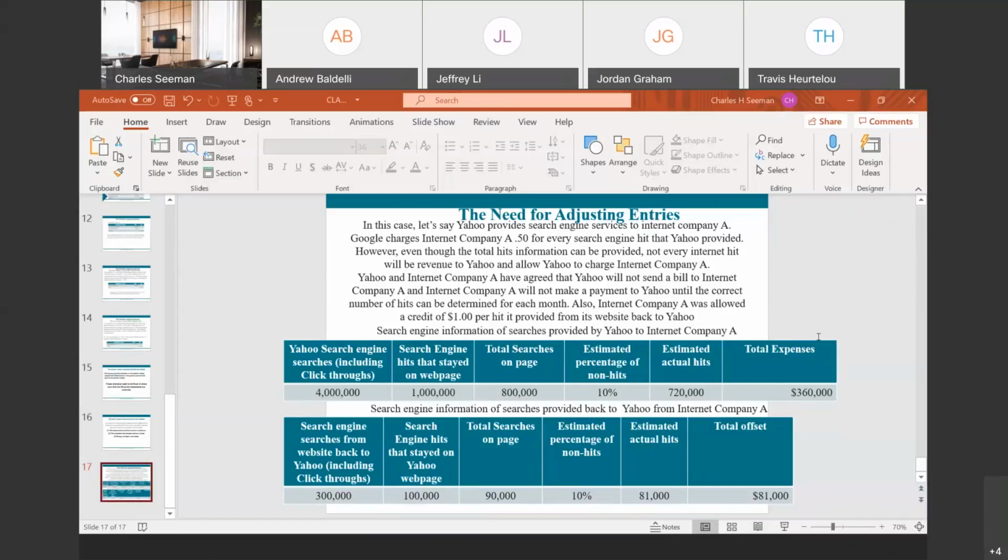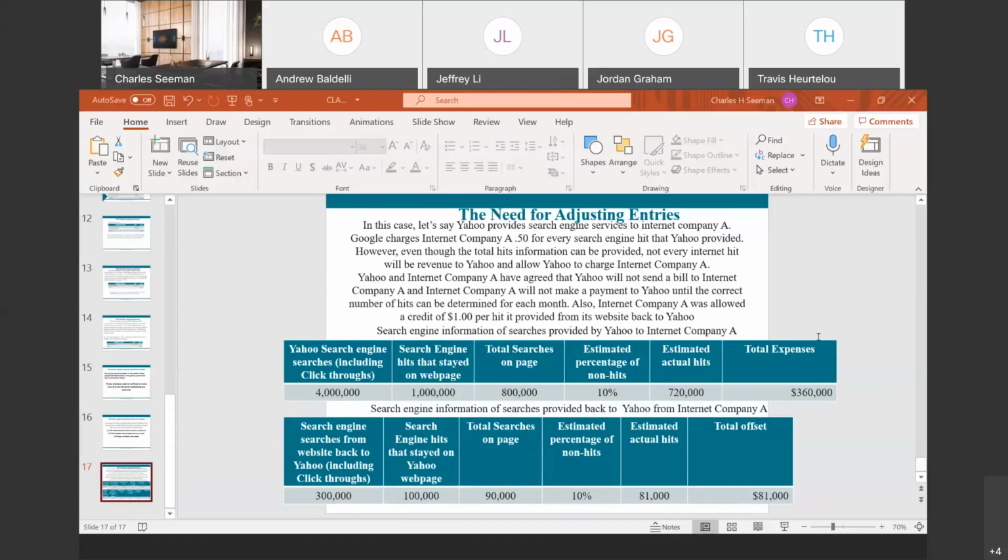But there's also click throughs where you may type in Walmart, go to the Walmart page, and there might be a link to a manufacturer on the Walmart page, and you go to that manufacturer. So let's say IBM has a link on the Walmart website. And instead of staying on the Walmart page, you go to the IBM site. That's also called a click-through. Walmart does not have to pay for that because you didn't do anything on the Walmart page.